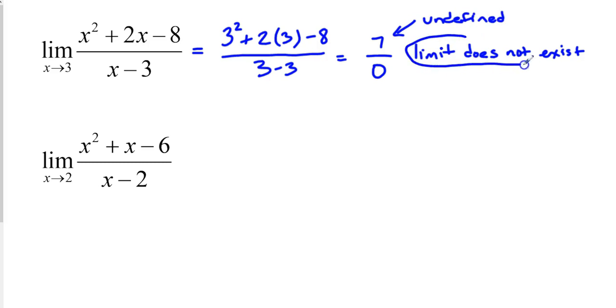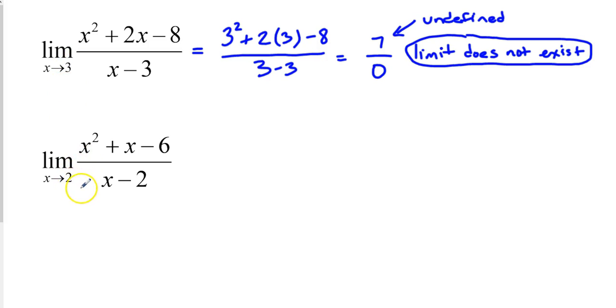And the way we would answer it is, the limit does not exist. If you wanted to take the time to graph this on your graphing calculator, you would see a vertical asymptote, and you would see that the behavior to the left and the right of 3 is not consistent. They're both approaching different directions.